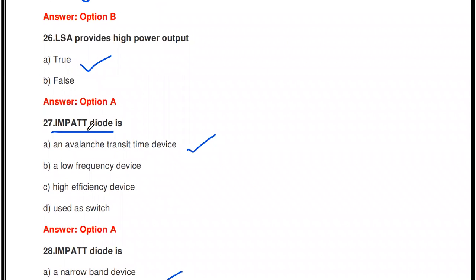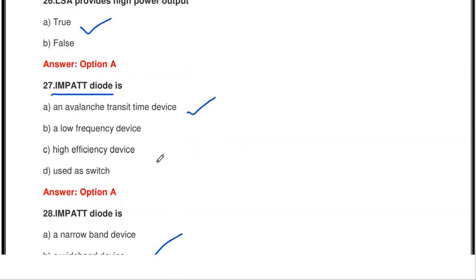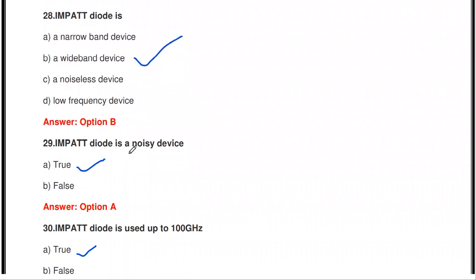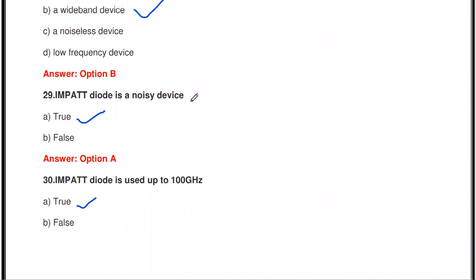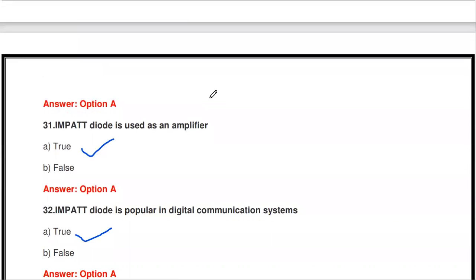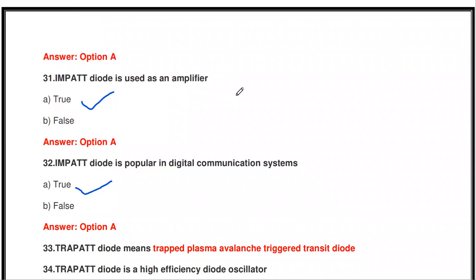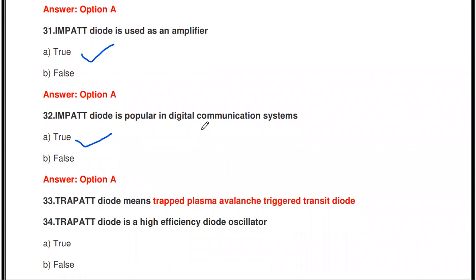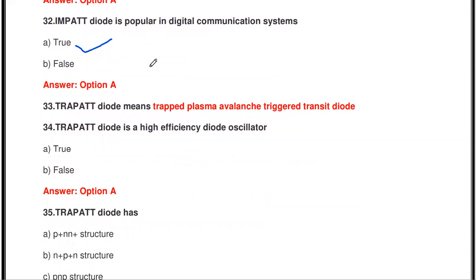Impact diode is an avalanche transit time device, a wide band device, and a noisy device. It is used up to 100 gigahertz, used as an amplifier, and popular in digital communication systems.